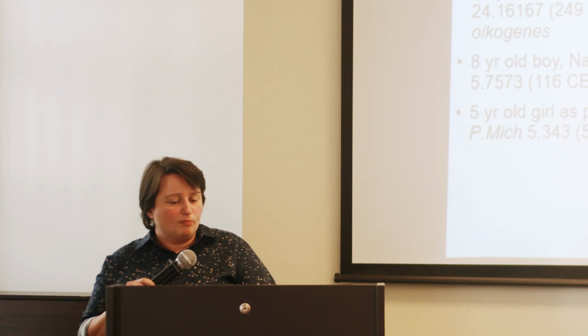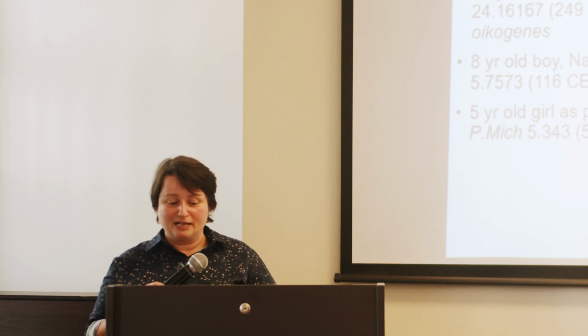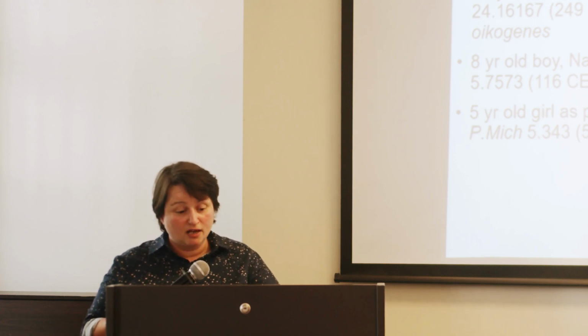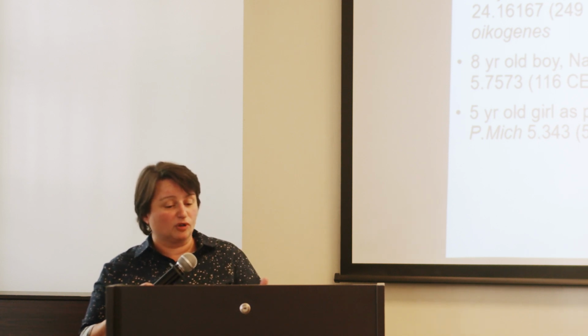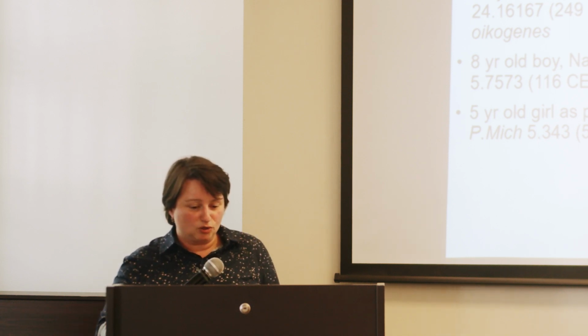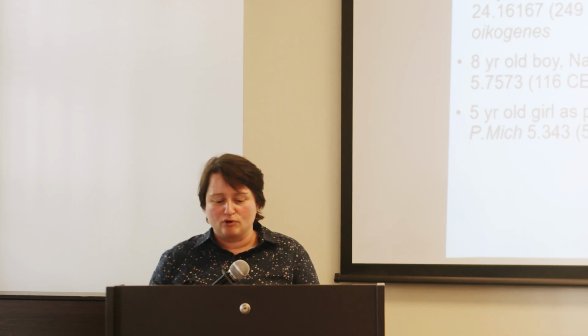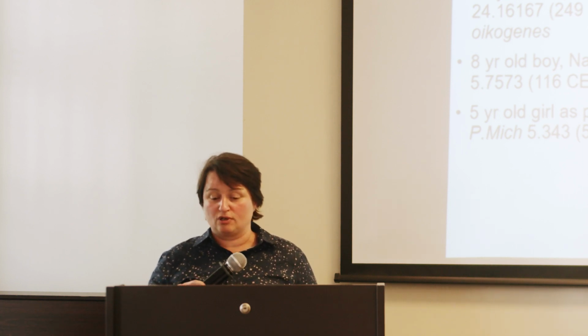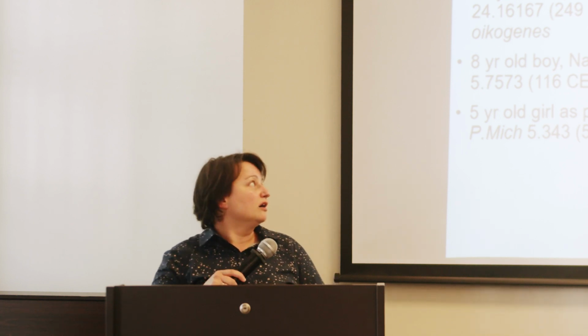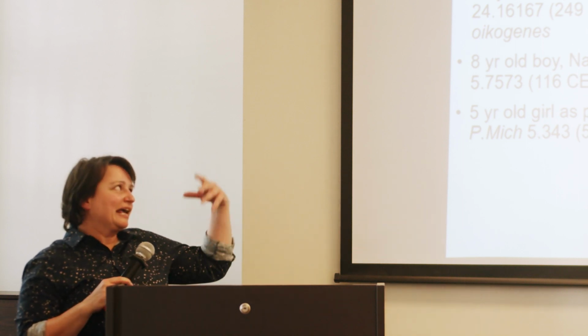We've got an 8-year-old boy, Narcissus, whose mother is named as Aphrodite, who had died, and this person had moved on to the house of Tauesus, and we've got a 5-year-old girl who's handed to another house as part of a dowry as well. So we've got lots of cases like this.